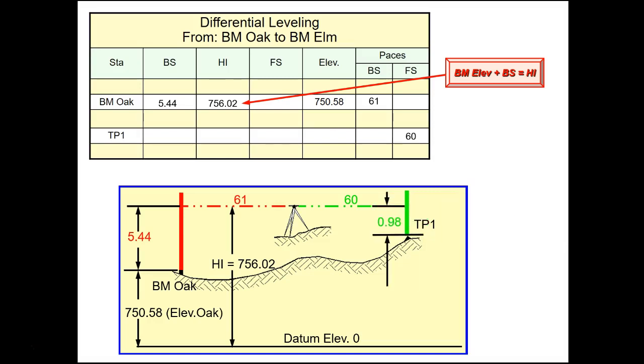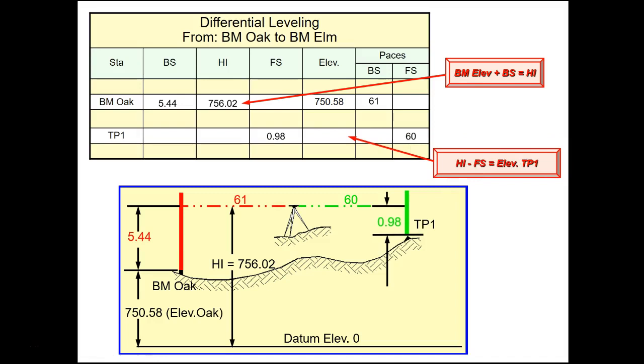So we looked at that. We got our reading of 0.98. So what do we do with that 0.98? It goes right up here. So under turning point 1, we took a foresight, and that's where that value goes right there, 0.98.